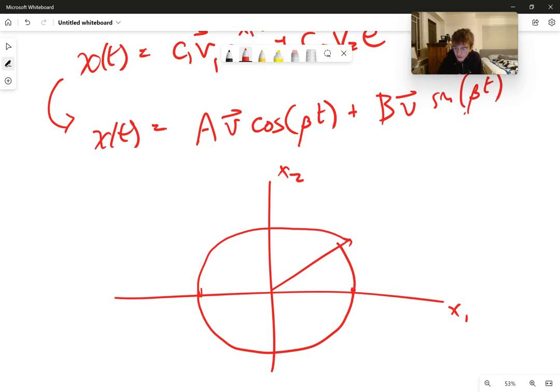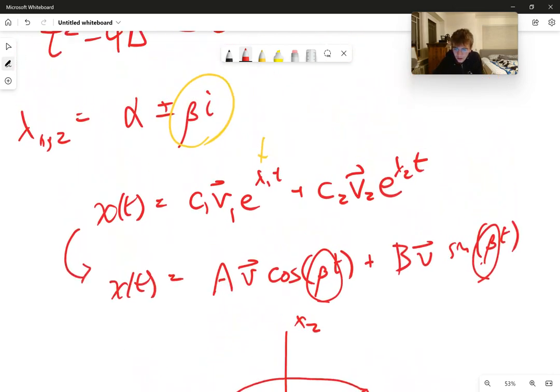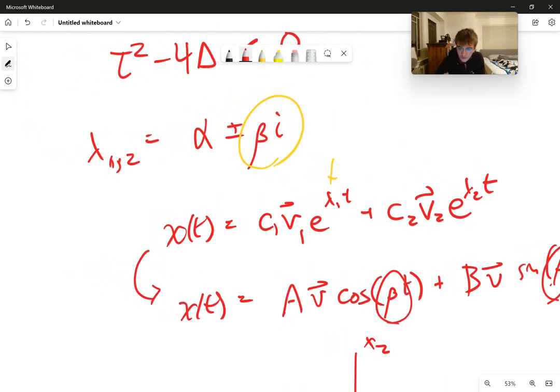And they're going to do so in a nice uniform way because their frequencies will both be governed by the same beta, okay? All right, and what that will look like on the phase plane, I should say, is a trajectory that is an ellipse in phase space, right?